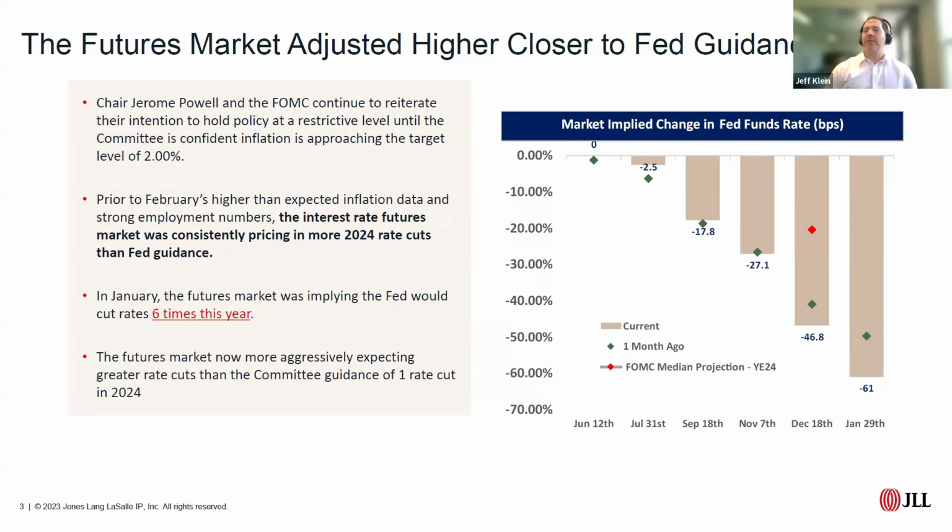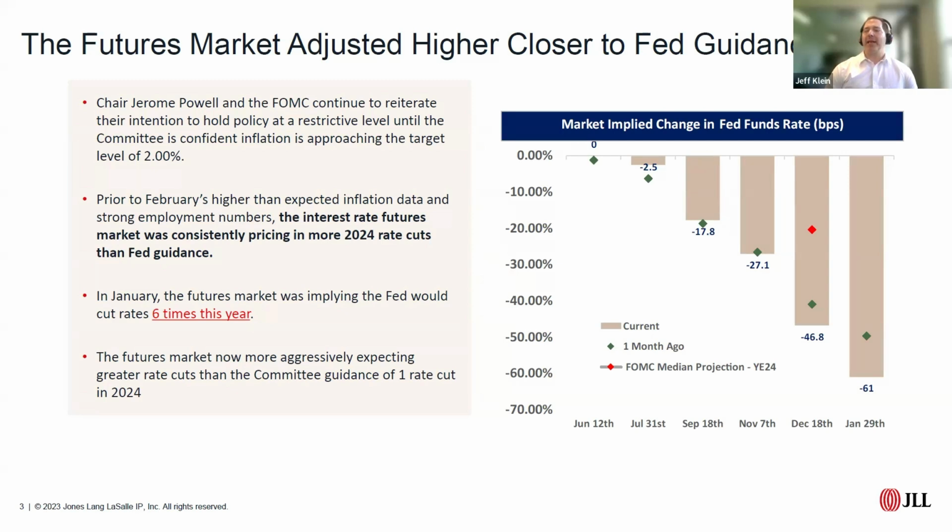Every quarter, on a March, June, September, December cycle, the Fed updates something called the dot plot, which we'll get into. You can see from the red diamond that that is approximately the probability of a cut from the Fed's point of view. So there's a difference between what the market is implying and what the Fed is communicating, and that's going to be a theme throughout this deck.